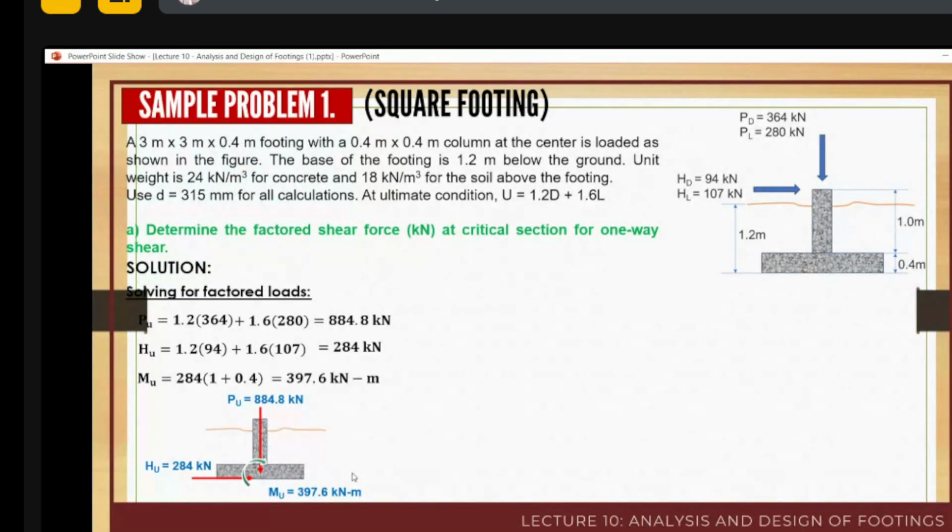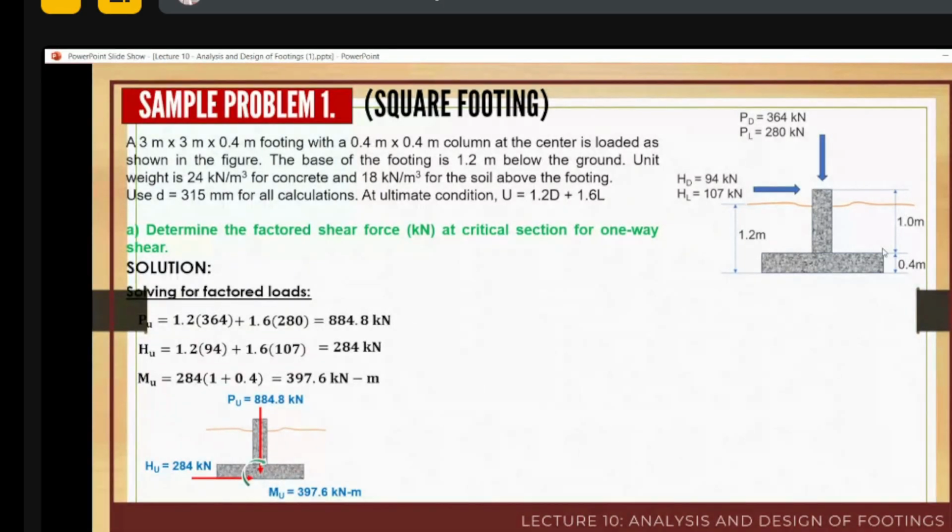If you compute that, it is 1 plus 0.4, because the horizontal load application is 1 meter from the top surface of our footing.